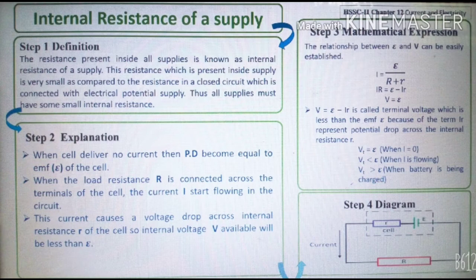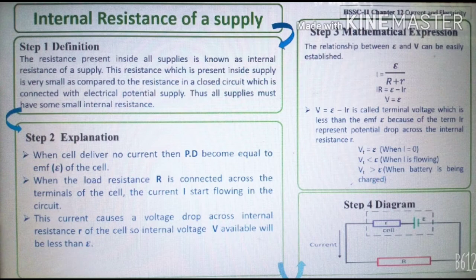Now coming to the next point, when the load resistance R is connected, meaning you connect an external resistance in a closed circuit across the terminals of the cell or a battery or a potential source, the current I starts flowing in the circuit. Whenever you close a circuit and apply a potential difference, current will start traveling in the electrical circuit from positive terminal to negative terminal.